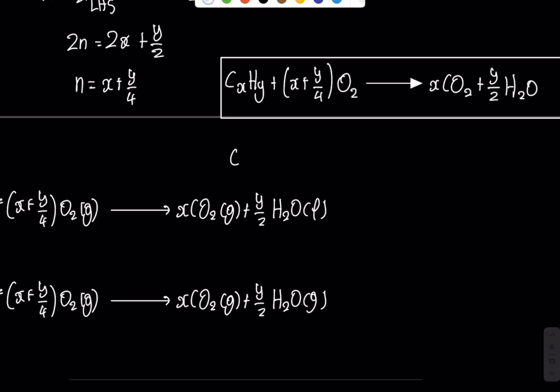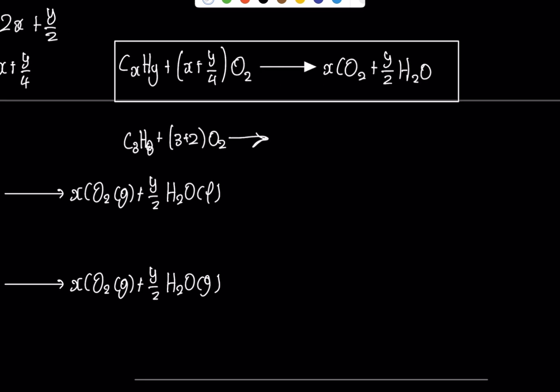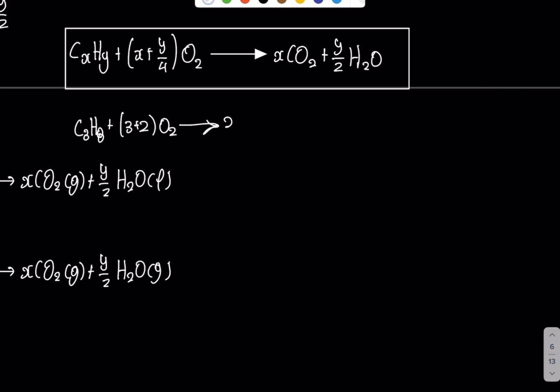So I get C3H8 plus, well, x is 3, 8 over 4 is 2, so 3 plus 2, 5 oxygens. Gives me x is 3 again, so 3 CO2, plus 8 over 2 is 4 H2O. So C3H8 plus 5O2 gives me 3 CO2 plus 4 H2O.